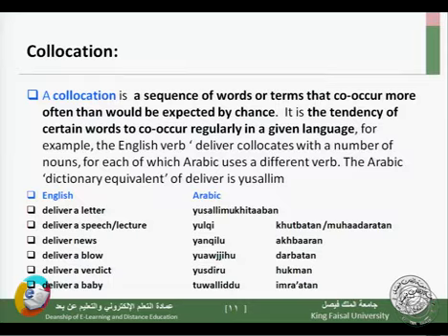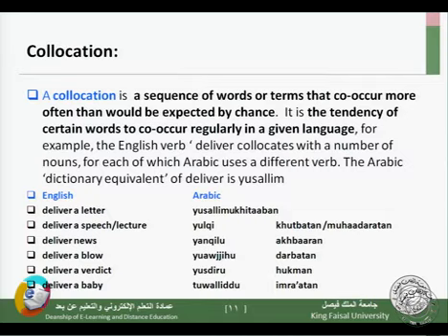يولد امرأة, تولد امرأة. In English we say deliver a baby because, to be honest, for them the baby is more important than the mother. It's very cultural. So they don't say deliver a woman, no. They say deliver a baby, it means the woman is delivering a baby. But in Arabic we say يولد امرأة. You understand?